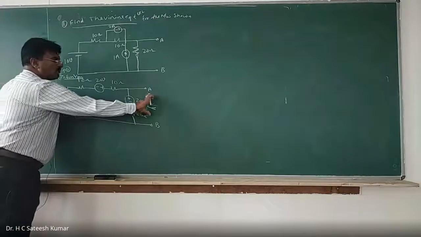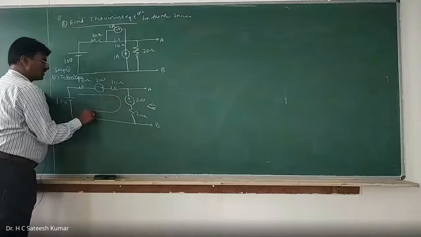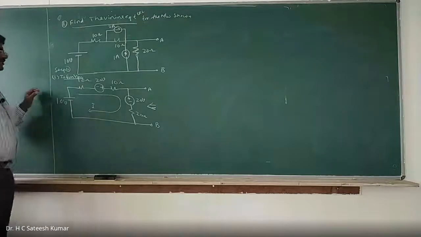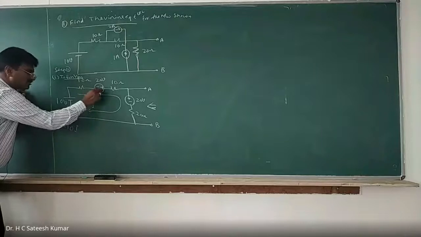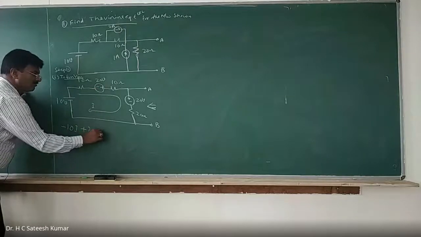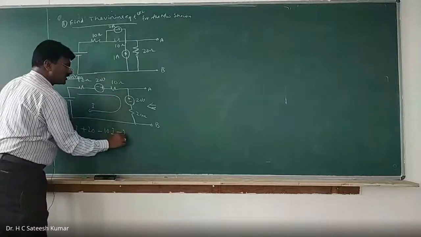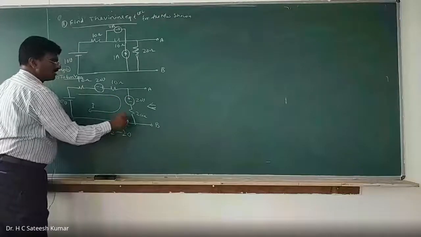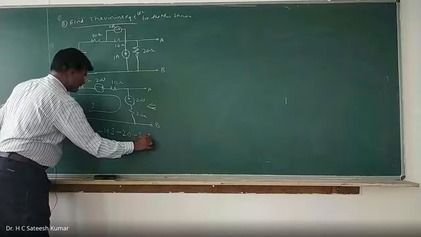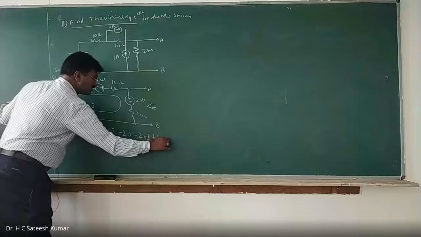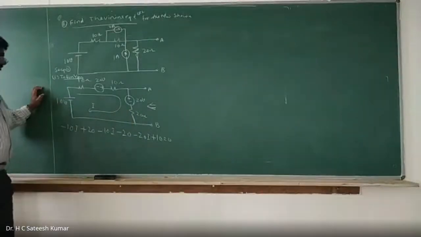If you want to find this voltage, you have to find the current flowing through this one. Therefore, I call this I. Apply KVL. Minus 10 into I, minus to plus 20, minus 10 into I, plus to minus is minus 20, minus 20 into I plus 10 is equal to 0.